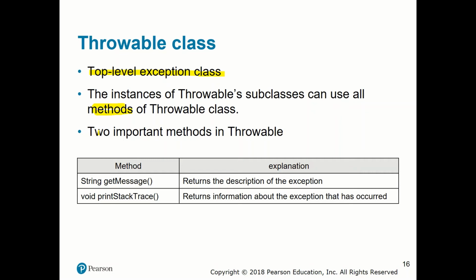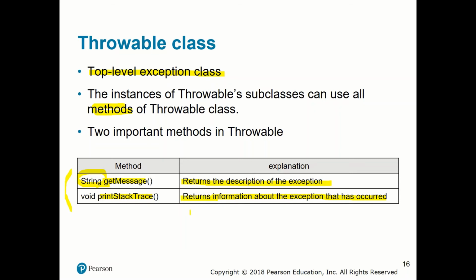Two important methods in Throwable are getMessage method and printStackTrace method. GetMessage returns a string, the description of the exception. And printStackTrace shows the information about the exception that has occurred.